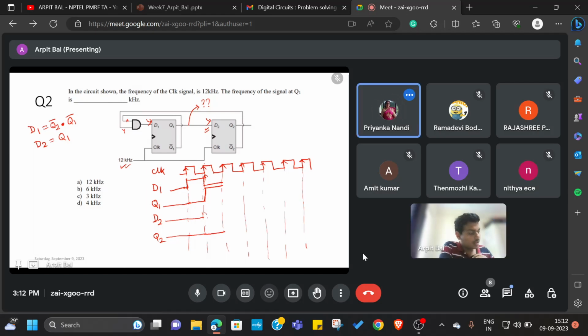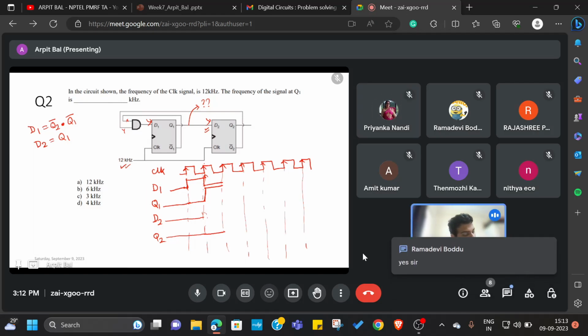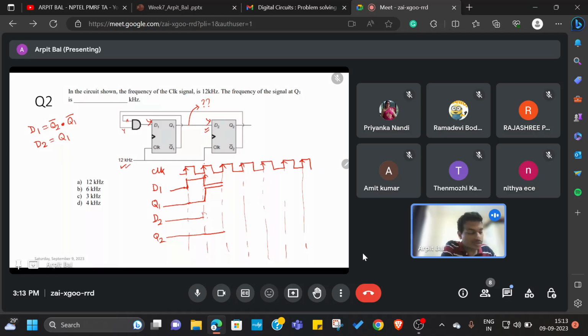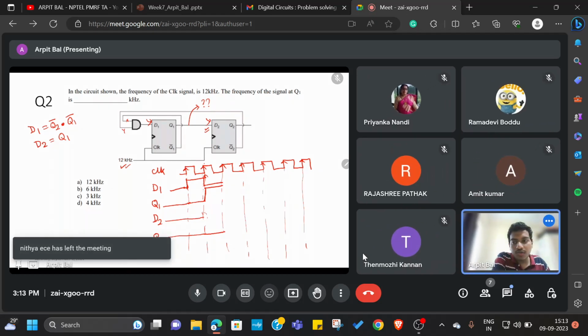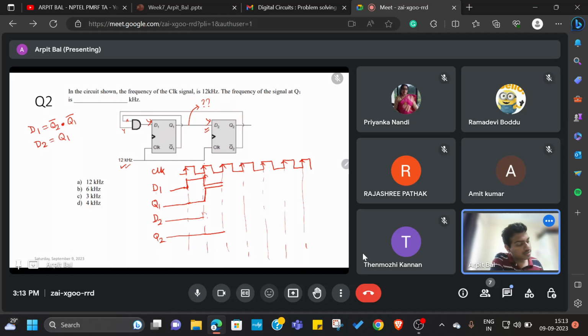What happens is the logic arriving at D1 is combinational logic. The moment Q1 or Q2 changes, that change is directly reflected at D1. Observe that Q1 changes its state based on D1's previous state because it's a flip-flop, and the same with Q2: Q2 will take the previous value of D2.